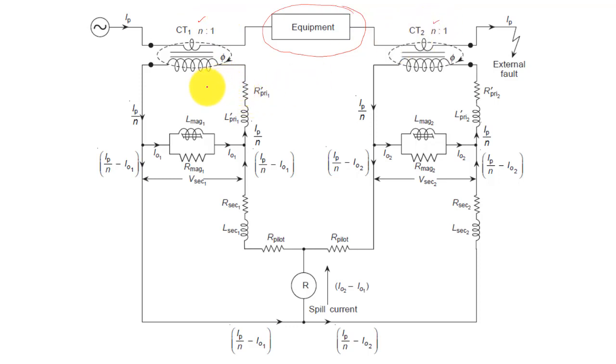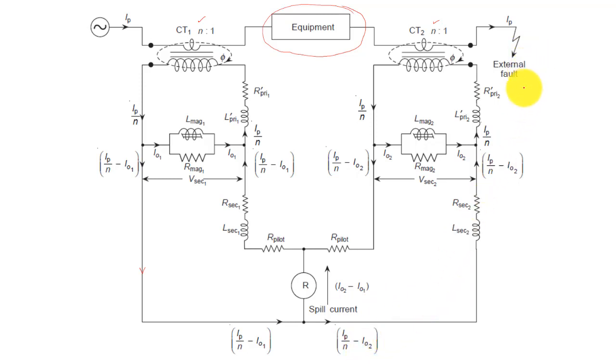The magnetizing current in CT1 will be IO1, and in CT2 it will be IO2, and therefore the net current flowing through the pilot wire will be IP by N minus IO1, and here IP by N minus IO2.